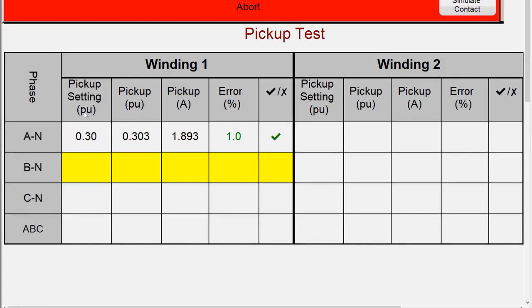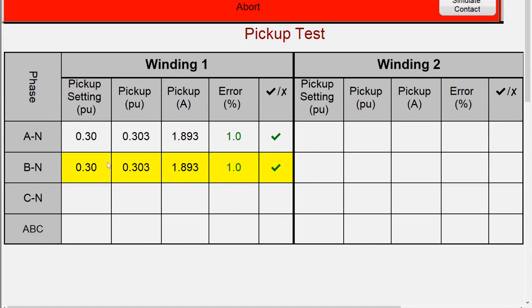Here I have the pickup setting itself, the actual setting, and the pickup setting in per unit again, but this is ongoing metering data based on what we're injecting onto the relay. And here is your pickup in amperage, where per unit is converted into amps, and obviously the percentage error, and whether the relay is passing or failing for that particular test.